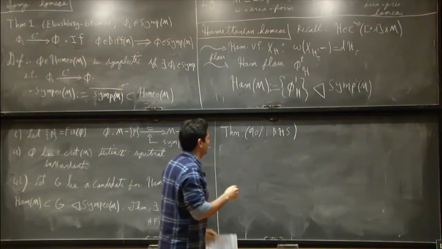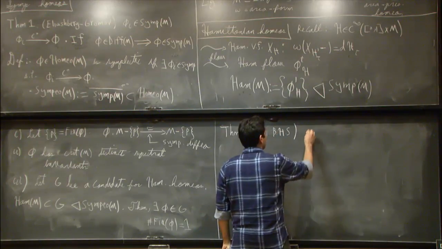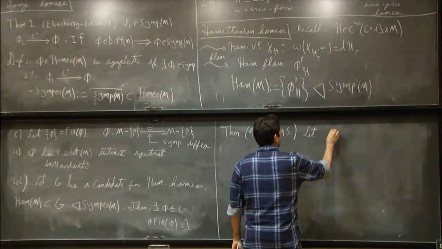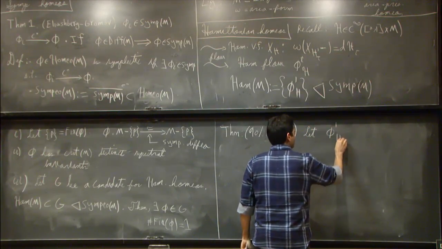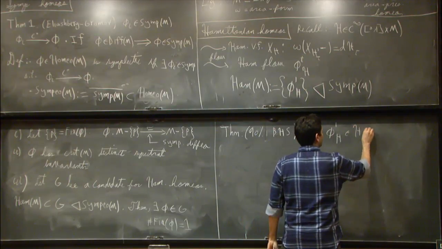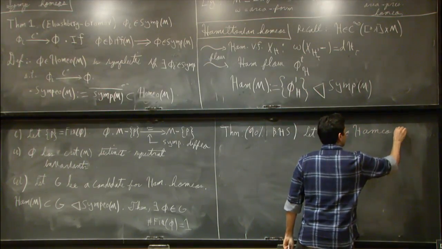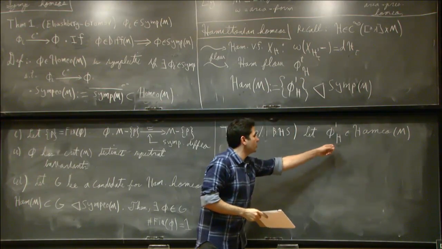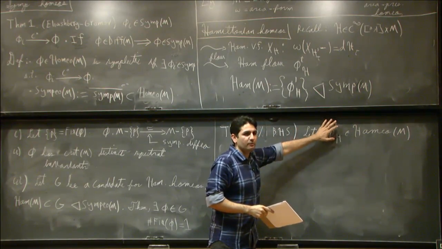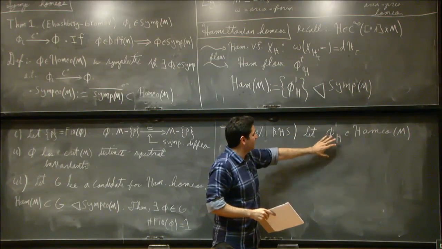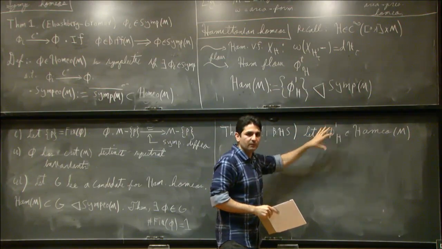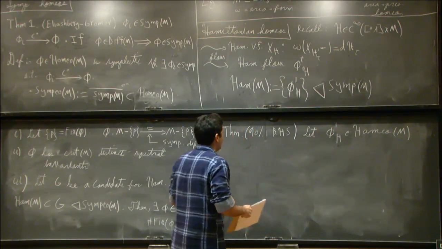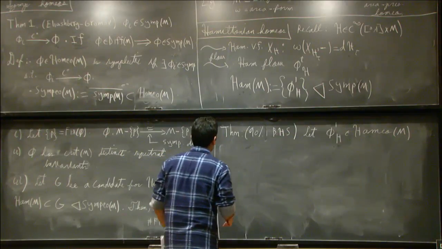Okay. So here's the statement. Let phi = phi_H^1 be a Hamiltonian homeomorphism. Once you have a Hamiltonian, you could talk about spectral invariants associated to H, but somehow in dimensions higher than 2 you can't talk about spectral invariants of the homeomorphism. You need the Hamiltonian. So here's what we can actually prove.